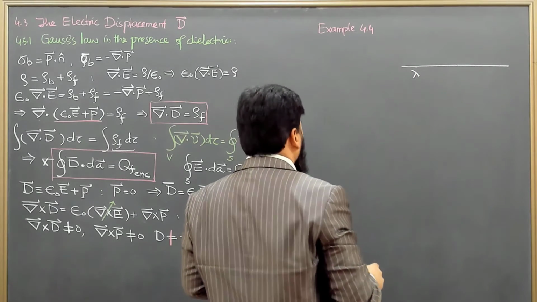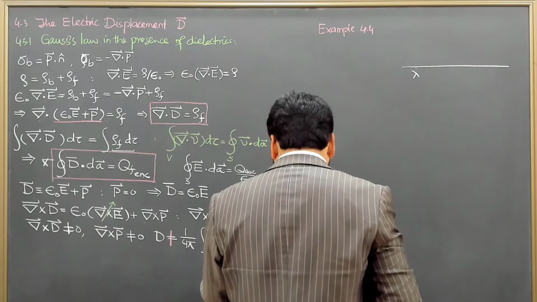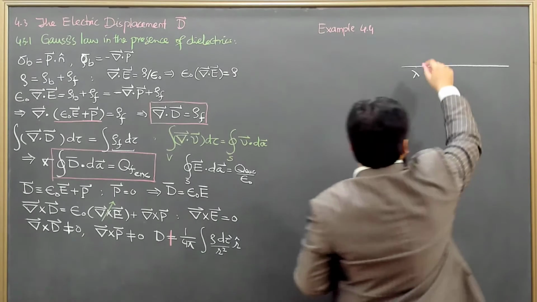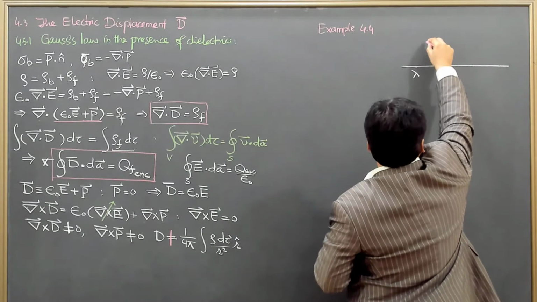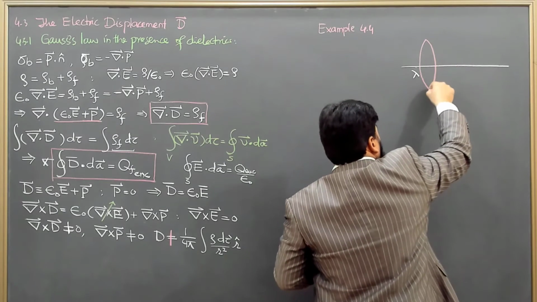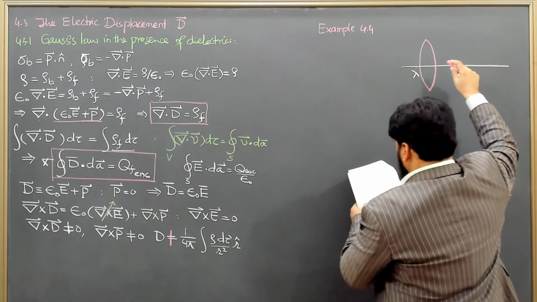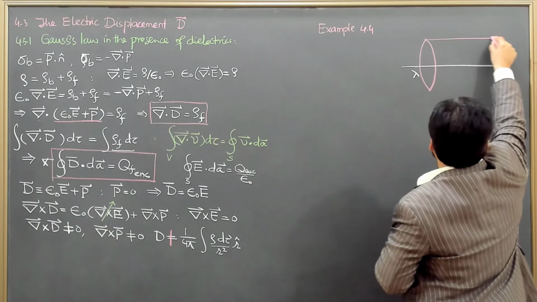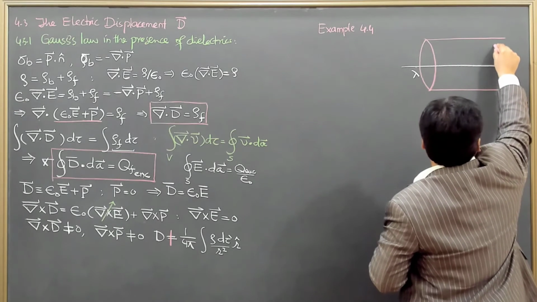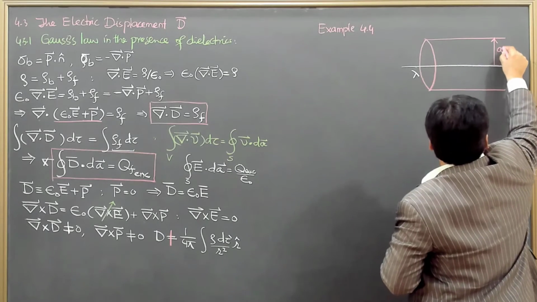Lambda is the charge per unit length, and it is surrounded by an insulation of radius A.